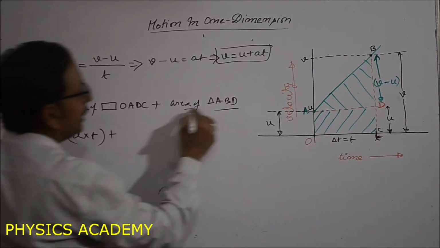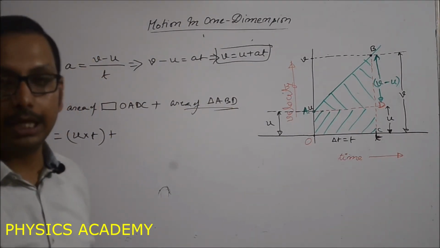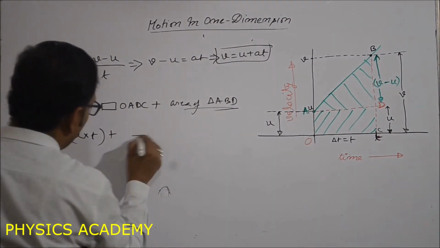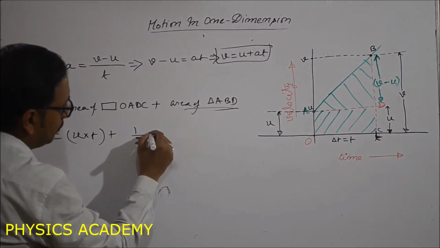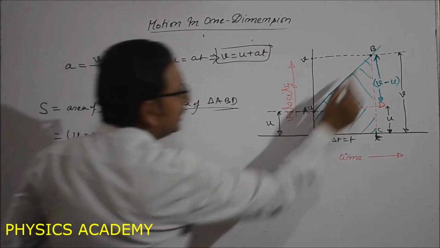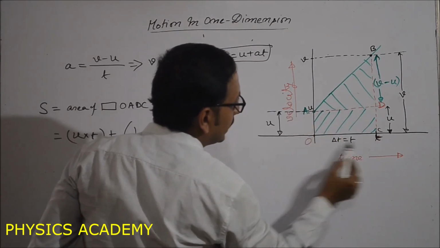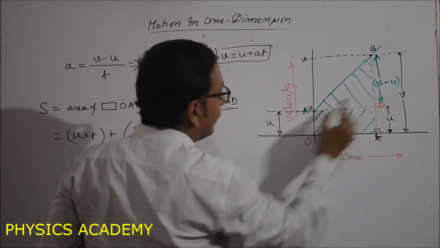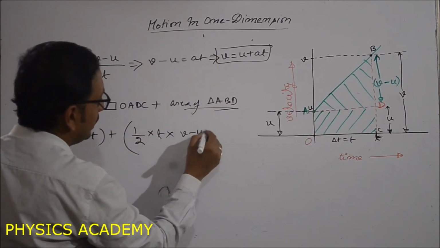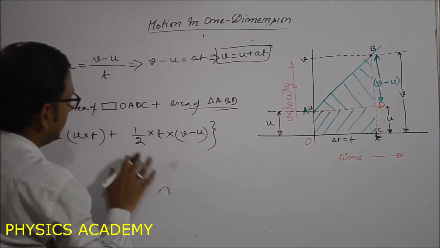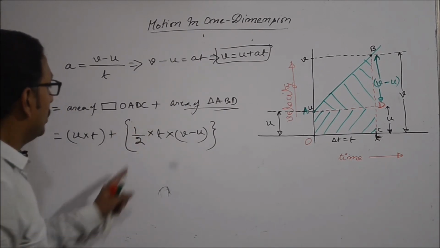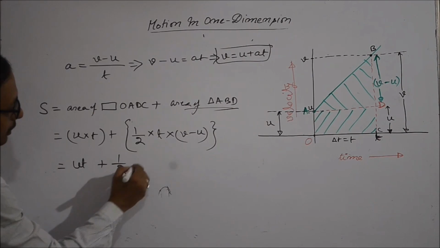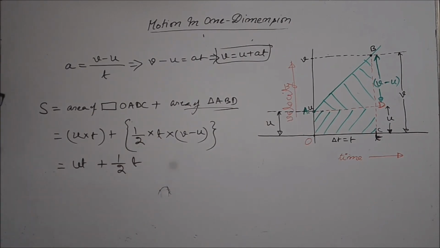The area of the triangle is half base into height. The base is t and the height is v minus u. So you get ut plus half t into (v minus u).